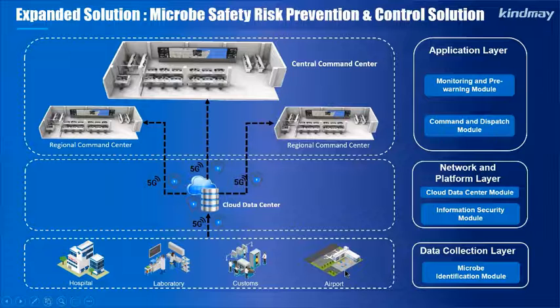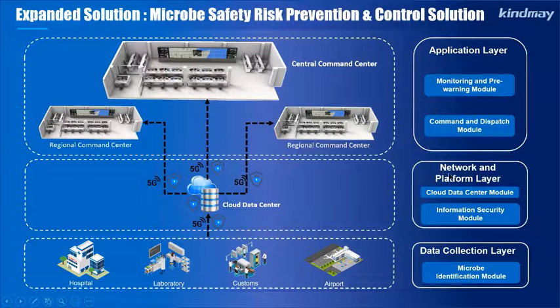We deploy microorganism test instruments like the MALDITOF mass spectrometer in hospitals, labs, customs, etc. All these instruments will identify viruses and microorganisms every day, and all the identification result information will be collected and automatically uploaded to the data center via 5G network, and then go to the second part.